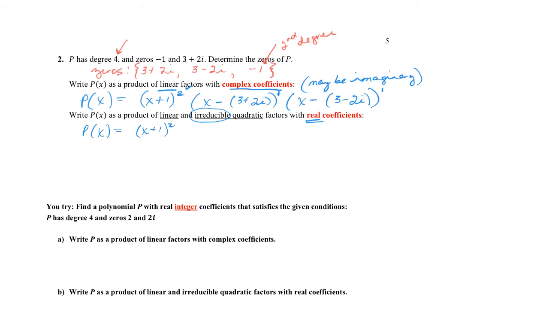And then when I rewrite my factors that have my complex coefficients, I'm going to group them a little bit differently. I'm going to distribute the negative sign through for each of these. Be careful when you do that. And so I'll end up with x minus 3 minus 2i times x minus 3 plus 2i.